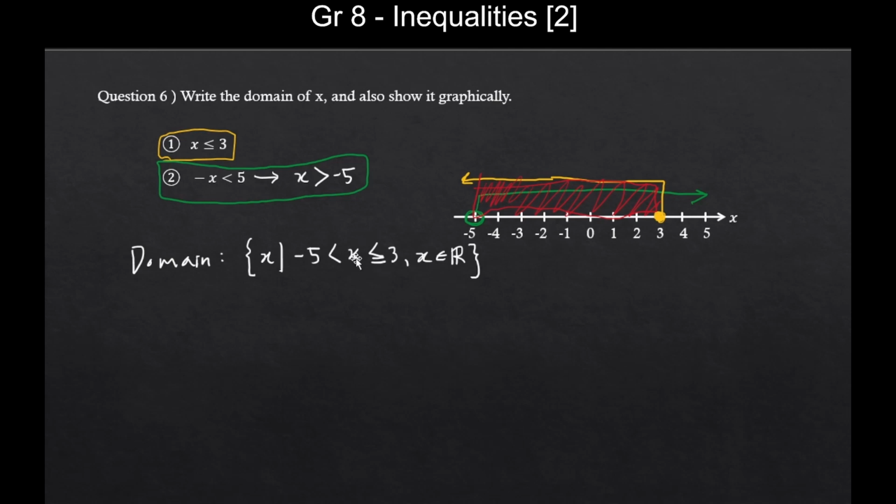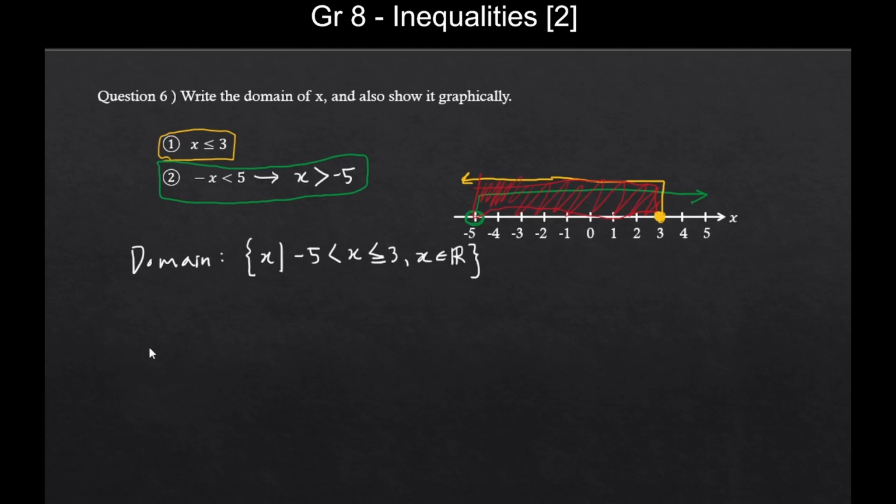So we have x is greater than minus 5 and smaller than or equal to 3, which corresponds to this red region. This is a combination of these two inequalities. Being greater than minus 5 satisfies this green inequality, and smaller than or equal to 3 satisfies the orange inequality. We have a domain that can satisfy both inequalities at the same time.